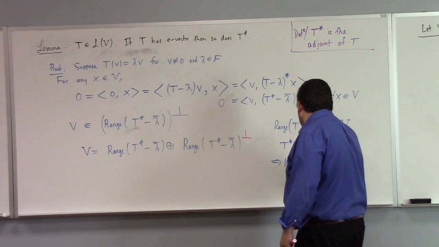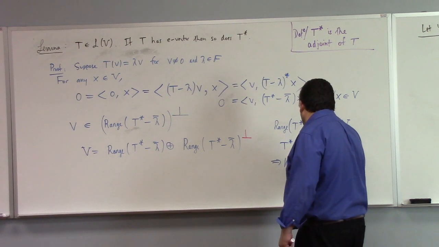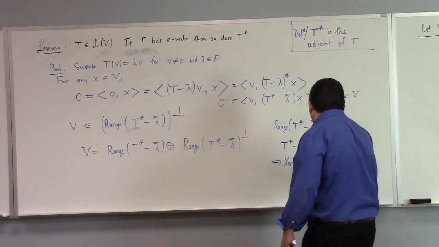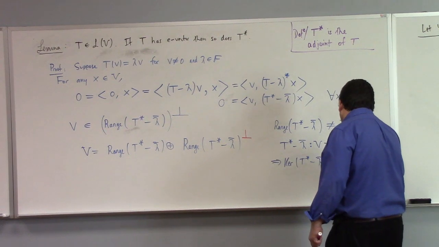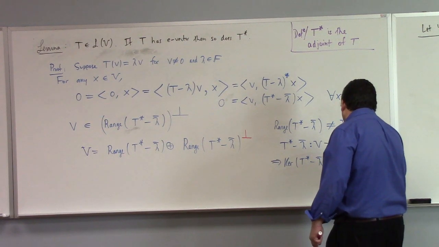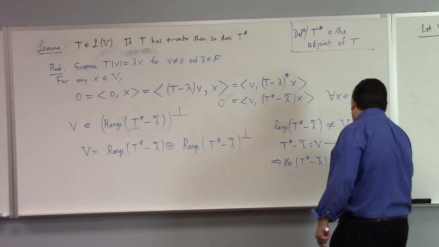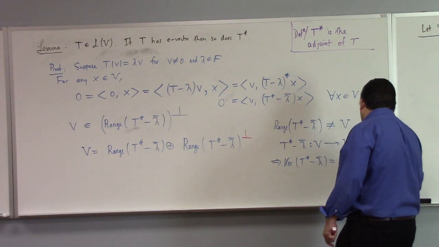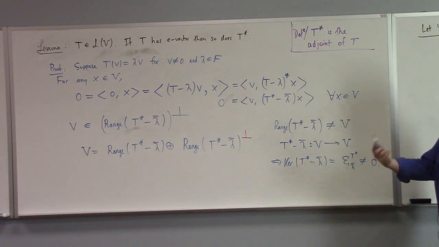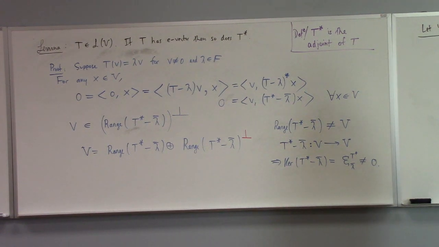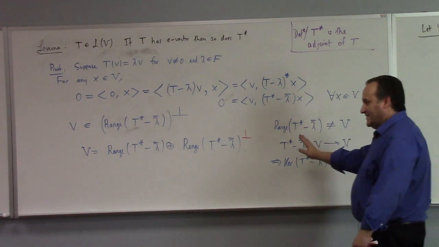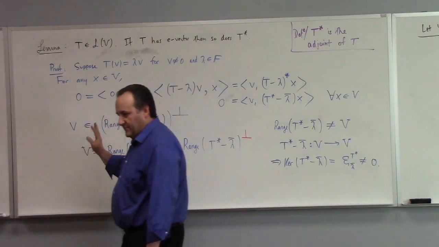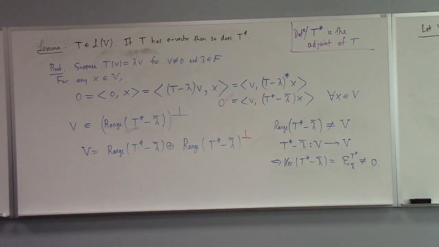Which, by the way, is the eigenspace with respect to the adjoint map for eigenvalue lambda bar. In other words, there exists an eigenvector for the adjoint with eigenvalue lambda bar. Sorry for this detour. I thought that would be helpful, but I was wrong. Okay?